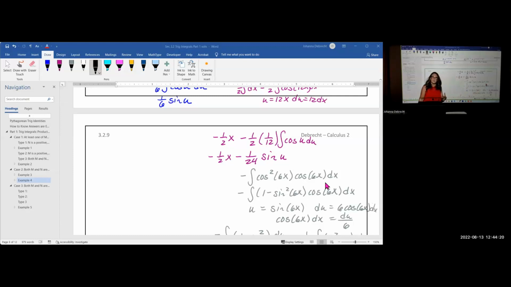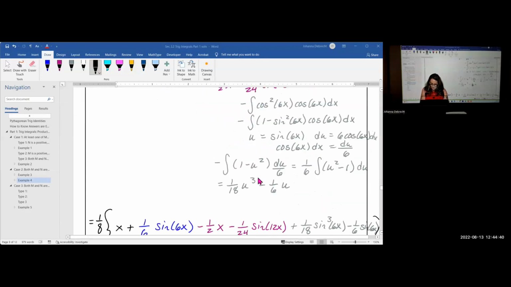Then I use a u substitution, with u being sine of 6x, and du using the chain rule of 6 cosine of 6x dx. And then that gives me that the cosine of 6x dx is du over 6. So I'm going to get a 1/6 coming out of that particular part.